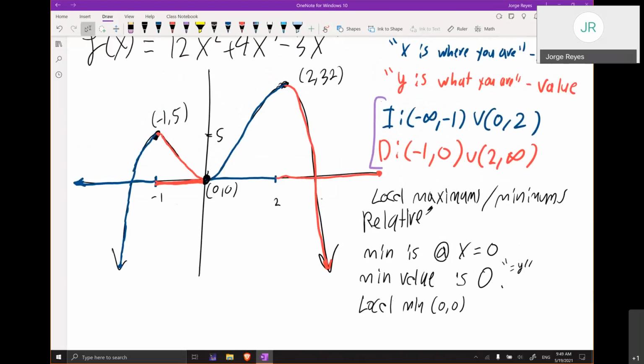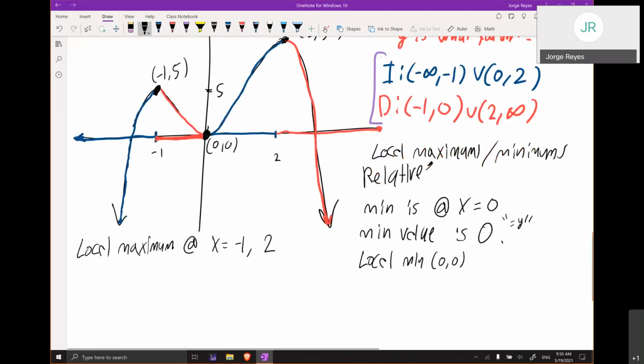So we have 2, right? I hope you can see them. It's the top of these hills. So we have local maximums at x equals -1, 2.